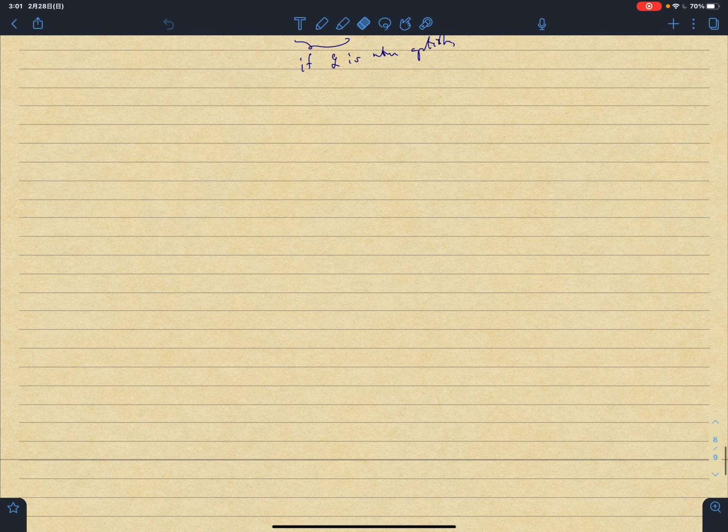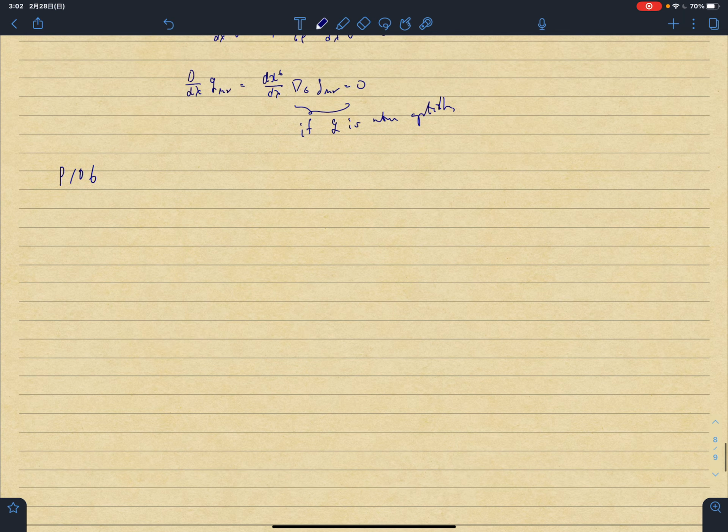So, okay, I want to continue studying general relativity following Carroll's book, around page 106. This process, the inner product of two parameter vectors, is preserved.